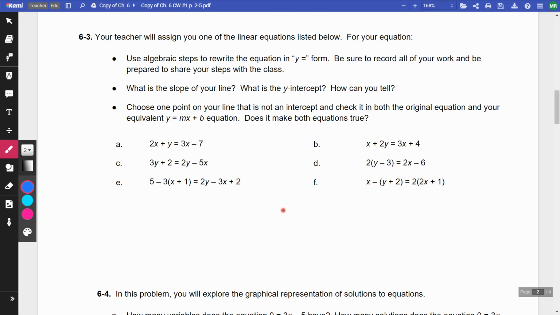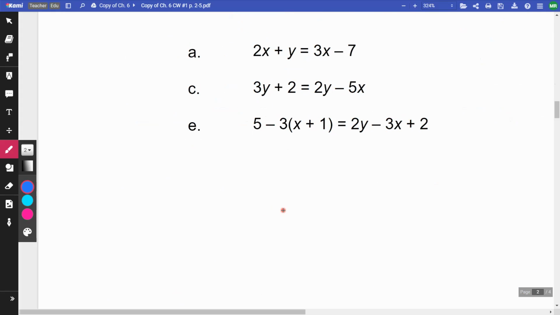Okay, so I'm going to start with letter A here. I'm going to do A, C, and E all here because I can see them. On A, I have 2x plus y equals 3x minus 7. I'm trying to get my y by itself. Here's my y.